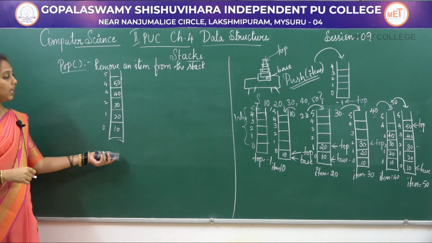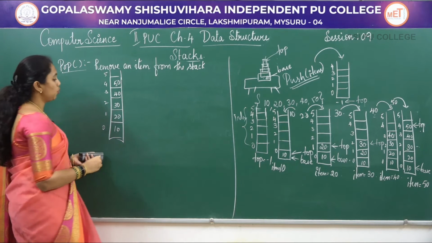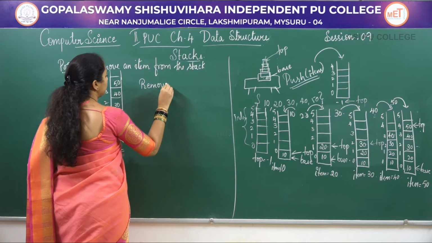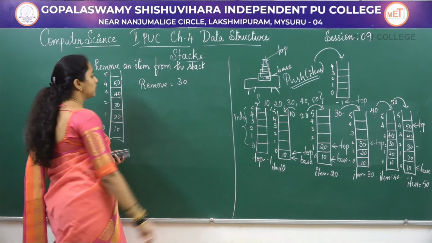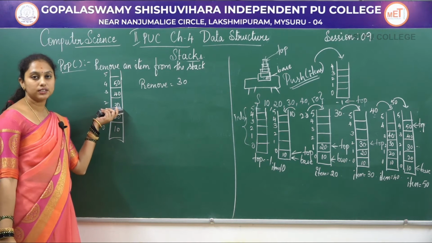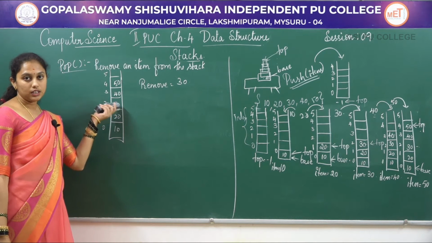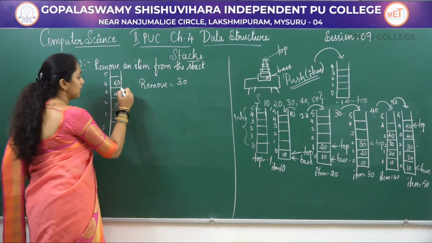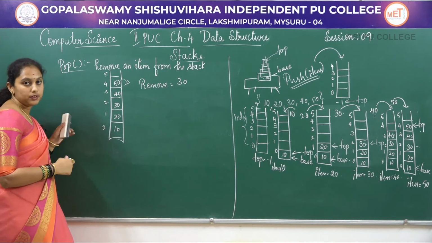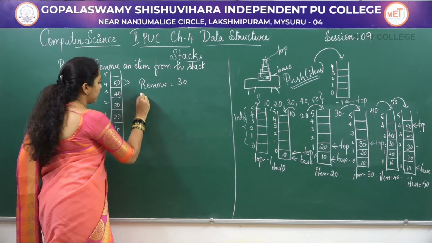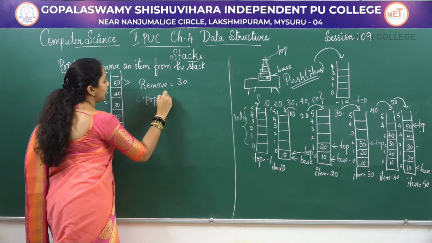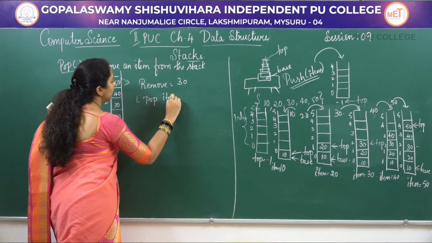I want to remove the item called 30. Then how to remove 30 from the stack? First, I have to remove 50, that is the top item from the stack. So first step, I have to pop the item called 50.